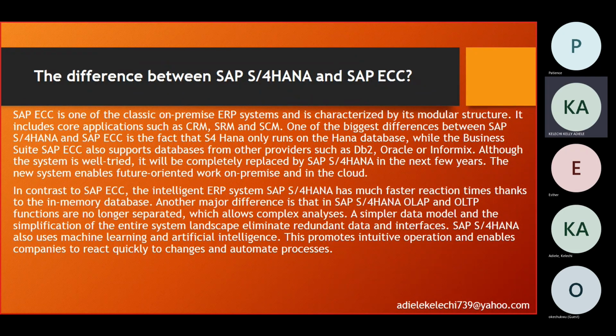But in S4, we have these two. The in-memory database gives you the opportunity to do OLAP and OLTP functions together. In ECC they were separated, but in S4 it is now embedded in one process. So because they are together, the speed at which you process information is faster.